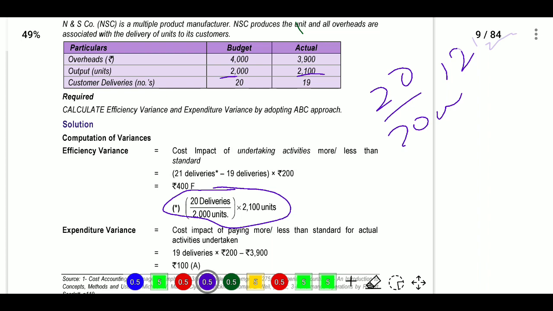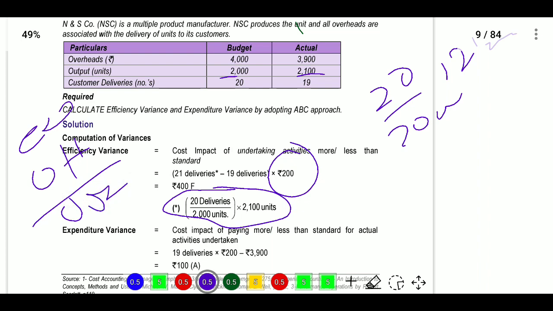How did you get this 200? The 200 is overheads, that is, expenditure divided by deliveries.